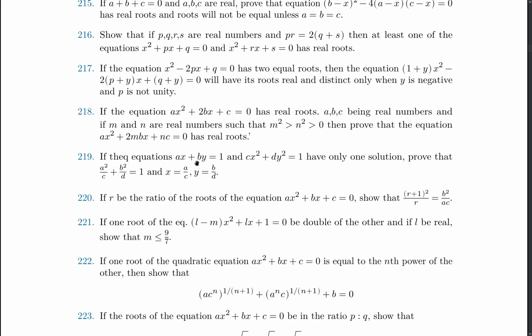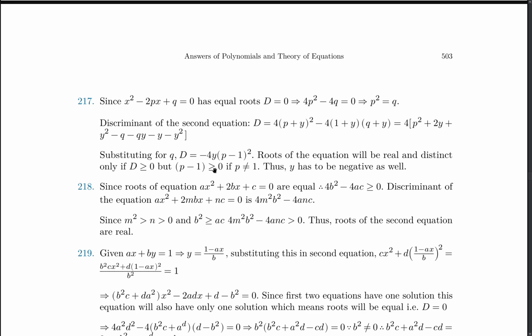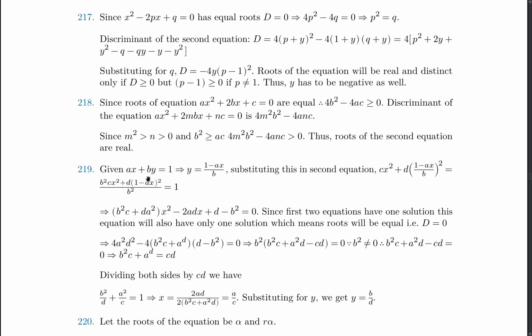If the equations ax plus by is equal to 1 and cx square plus dy square is equal to 1 have only one solution, prove that a square by c plus b square by d is equal to 1 and x is equal to a by c, y is equal to b by d. So this is again a straightforward question. So we find y from the first equation, y becomes 1 minus ax by b, and we substitute it in the second equation.